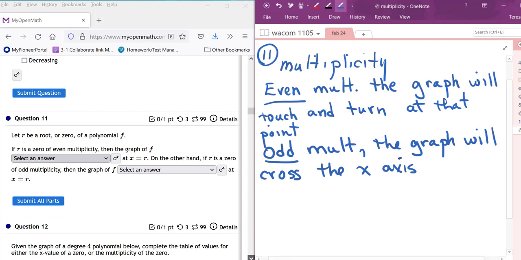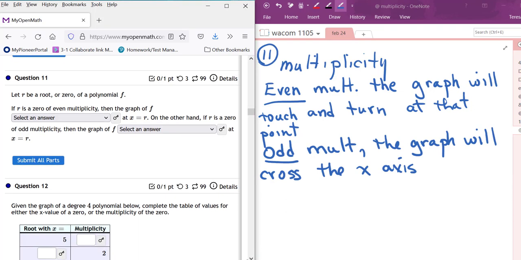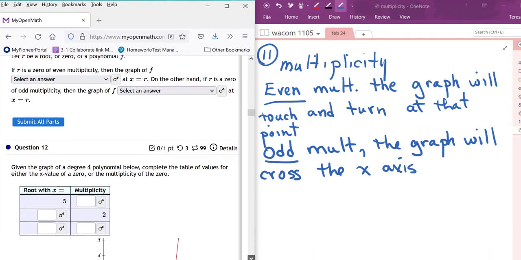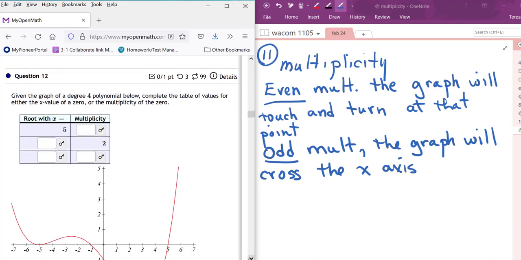And that's all they want you to put in those boxes. All right, 12.